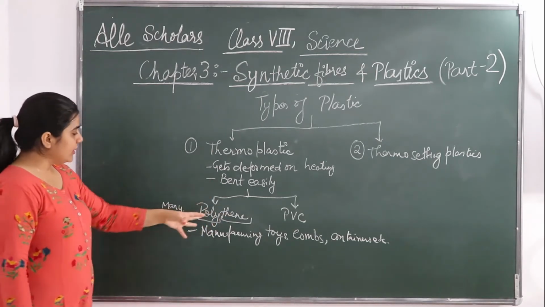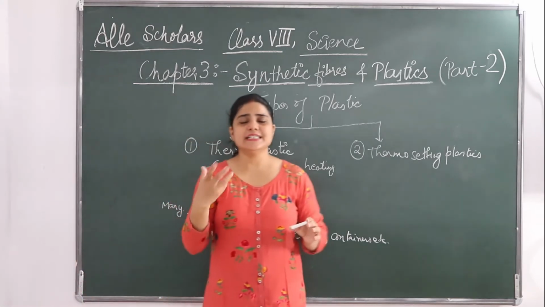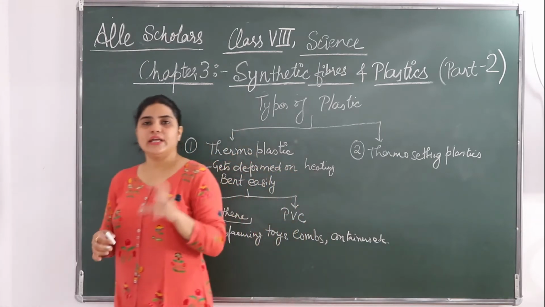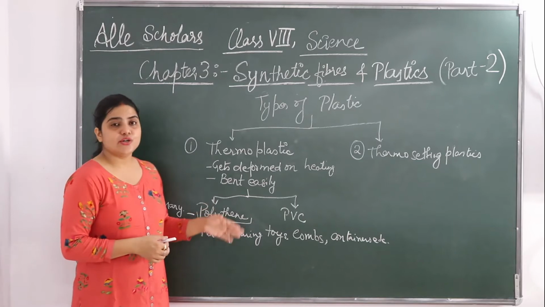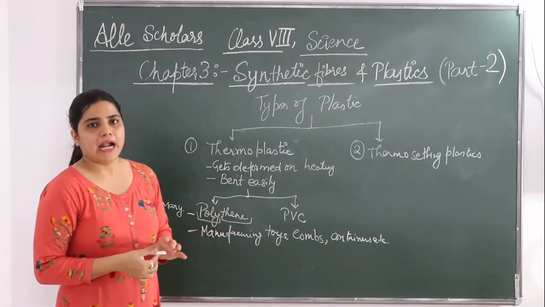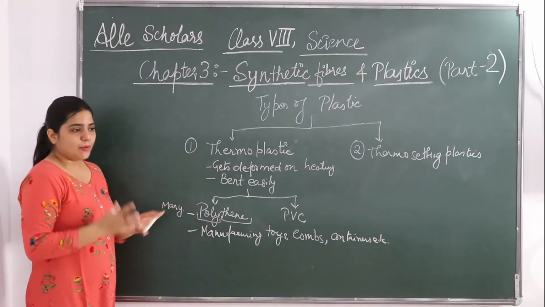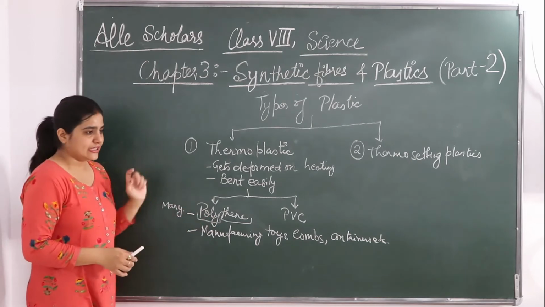So these polythenes are commonly used. You must be aware that these polythene bags, nowadays it is getting banned also. I will be discussing further what is the drawback of using polythene, why it is being banned nowadays. So these polythene bags are made up of this type of thermoplastic, that is polythene.